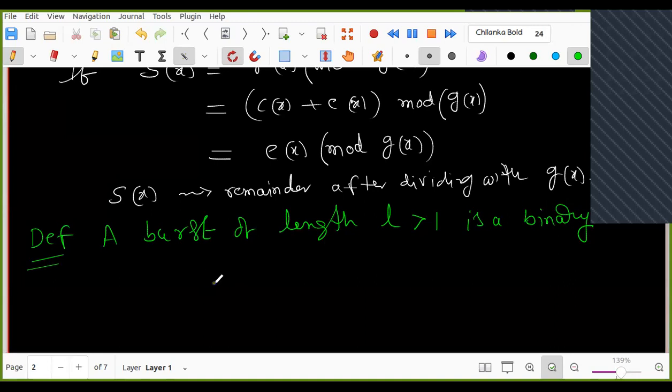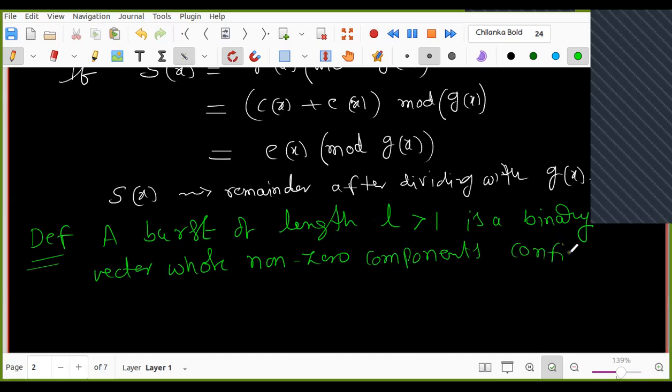A burst of length L greater than 1 is a binary vector whose non-zero components are confined to L cyclically consecutive positions.